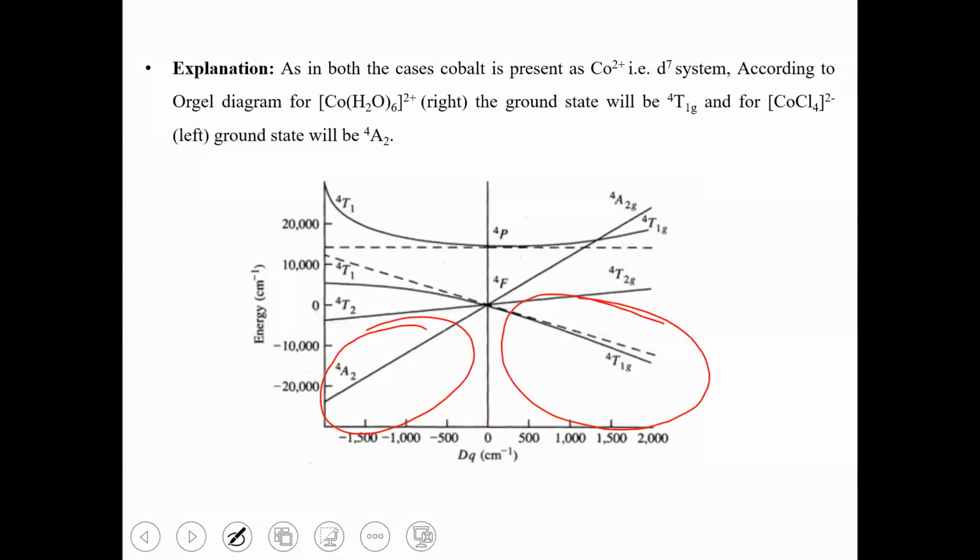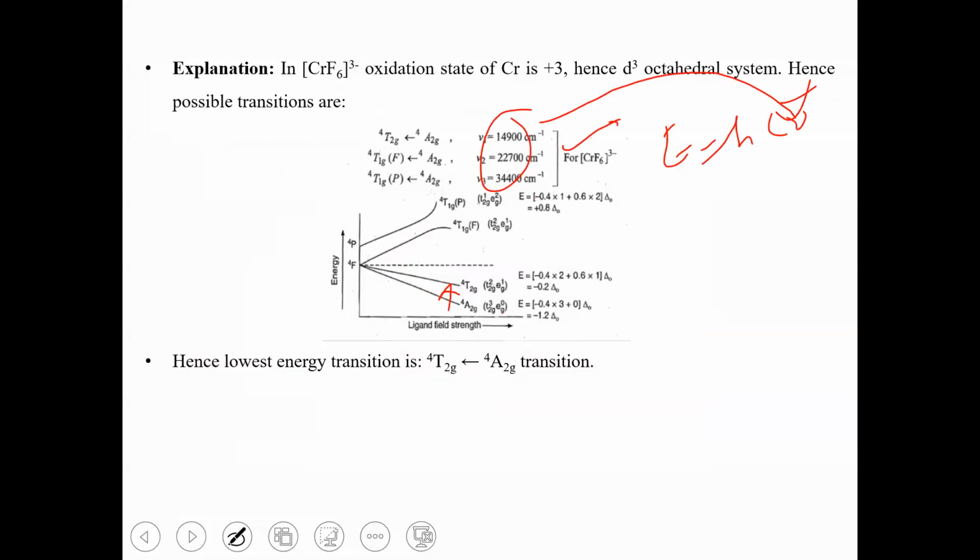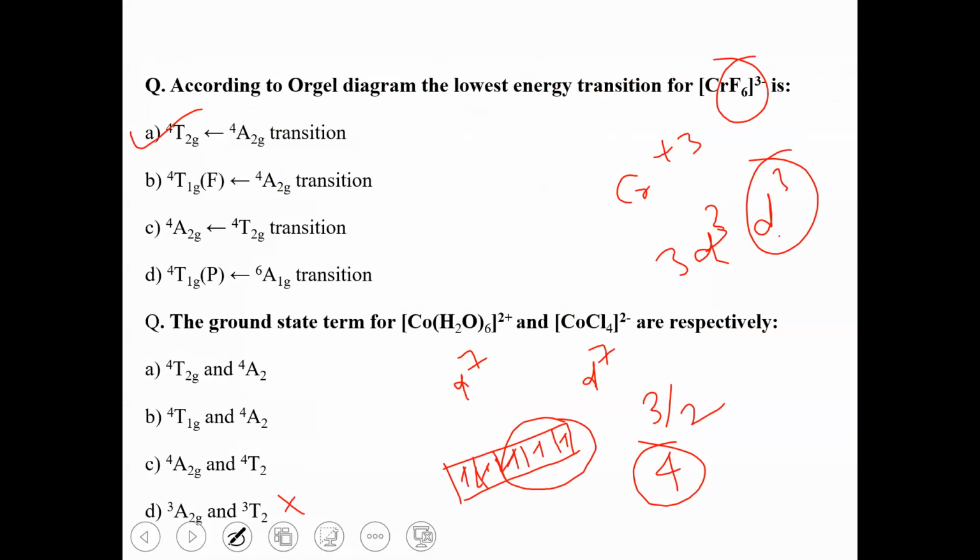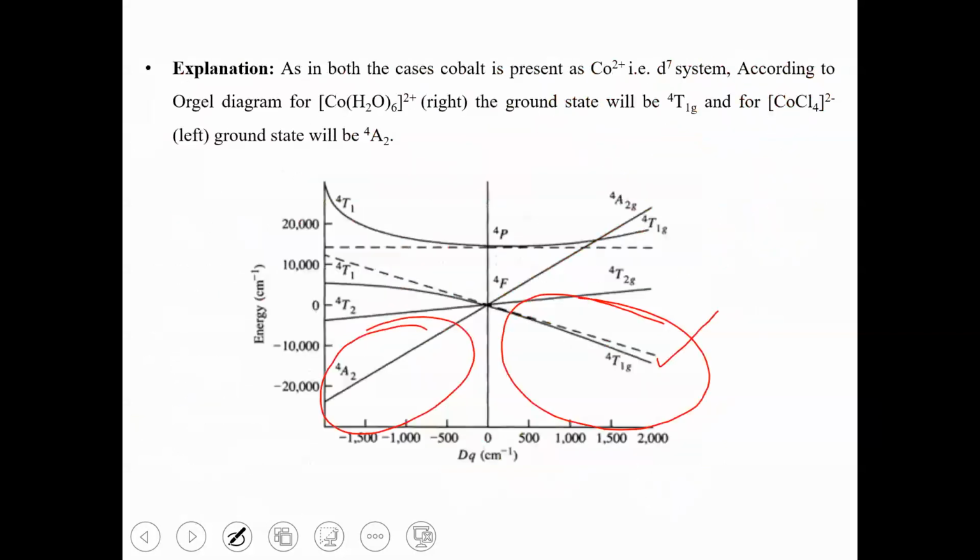In the case of octahedral complexes of the d7 system, the ground state is 4T1g, and in the case of tetrahedral, it is 4A2. So 4T1g and 4A2. This one will be the right answer.